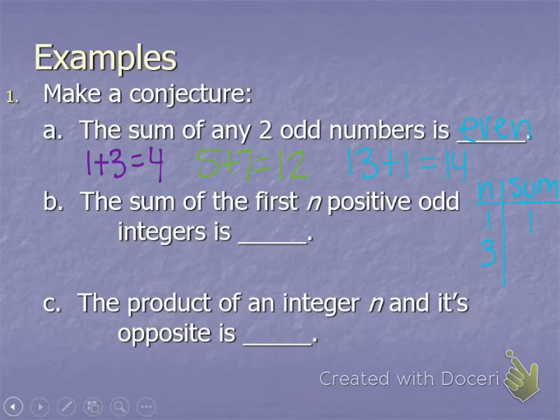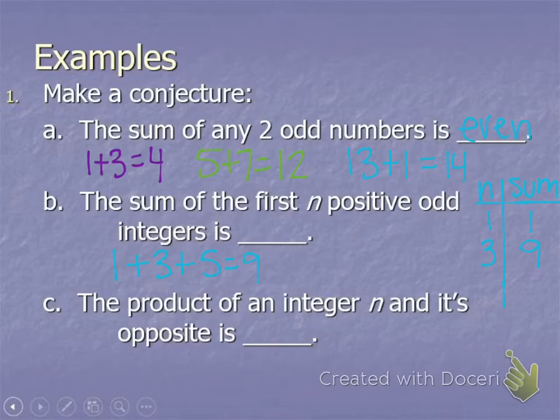So the first one is 1 plus, what's the second positive odd integer? 3 plus, we're looking for another one. We wanted 3 positive odd integers. What's the next one after that? We had 1, 3, 5. We're going to add those all together. What do we get? 9. We could have done 2. We're trying to make it a little more interesting.